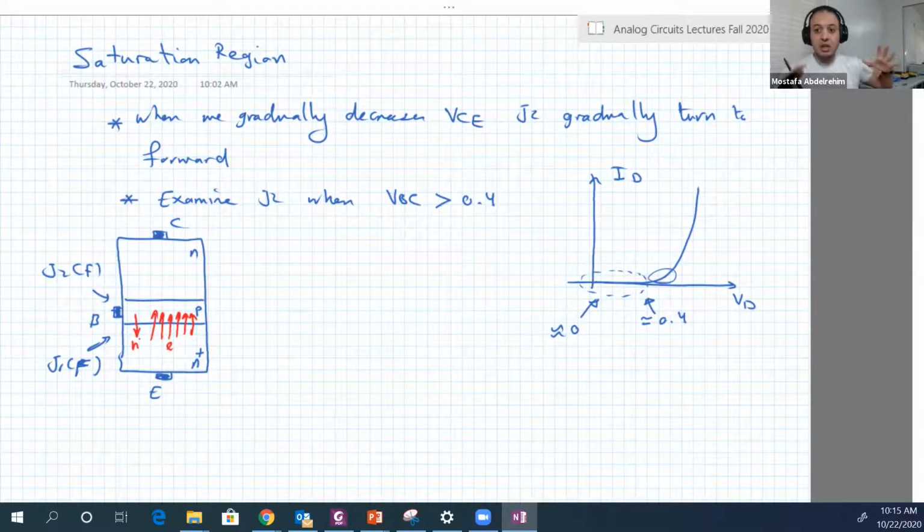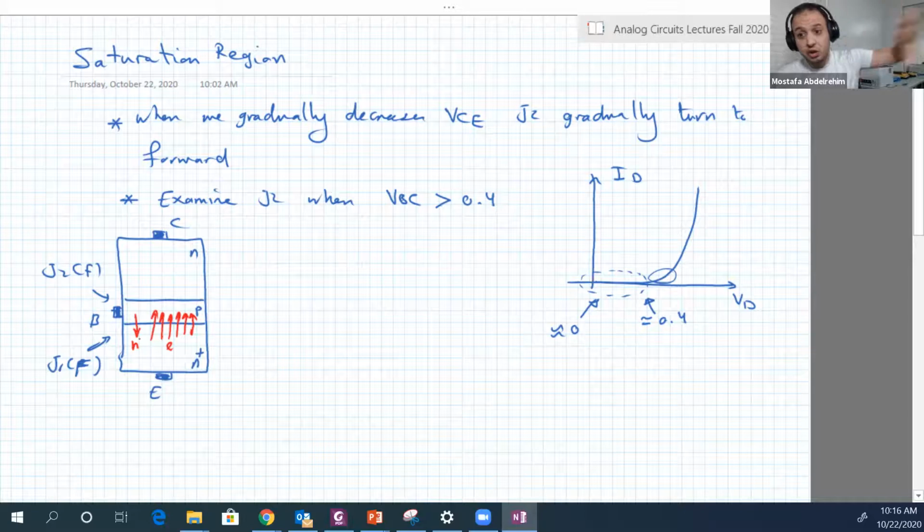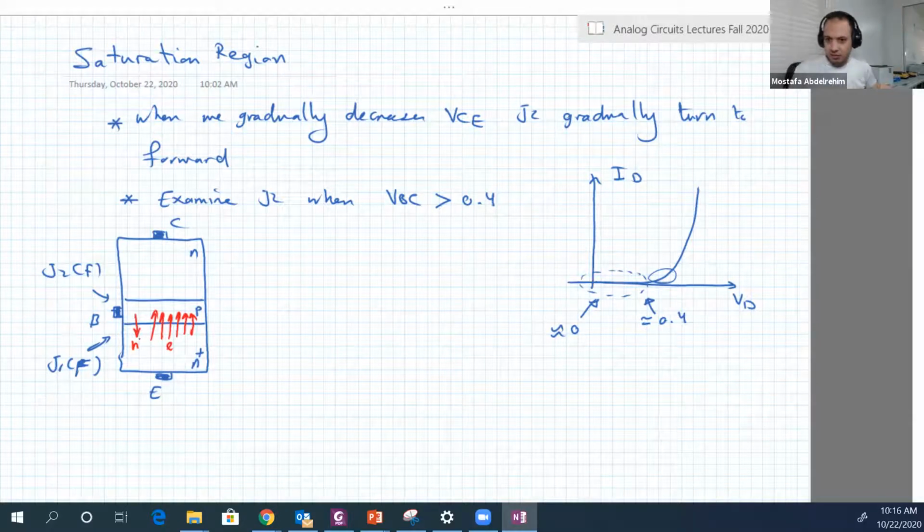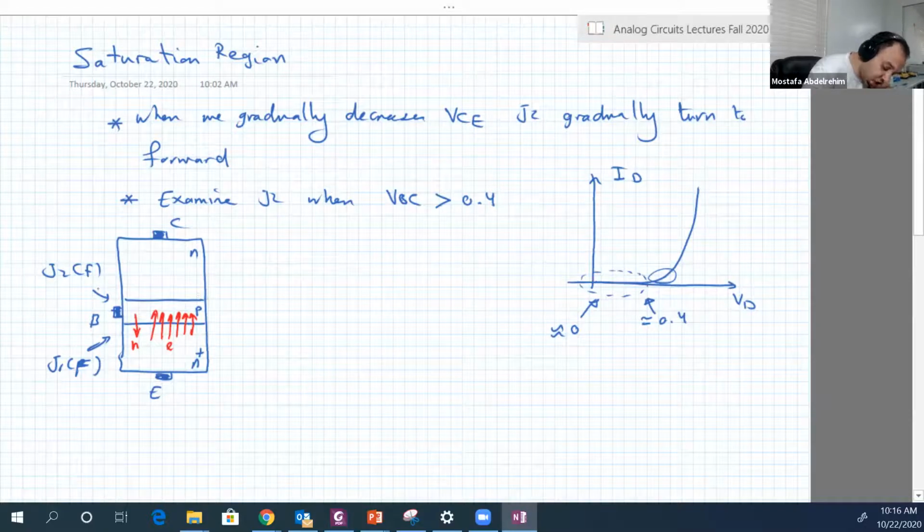And we said that when you have an asymmetric junction with some part heavily doped, this heavily doped part will emit more electrons if it's N, or if it's P, it will emit more holes than the other side. And we said that I hole is less than I electrons. But now this junction J2 is also forward.